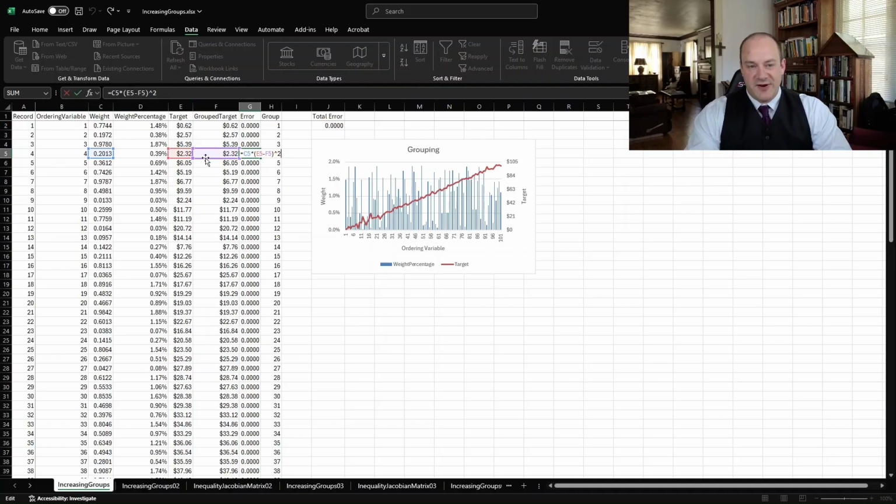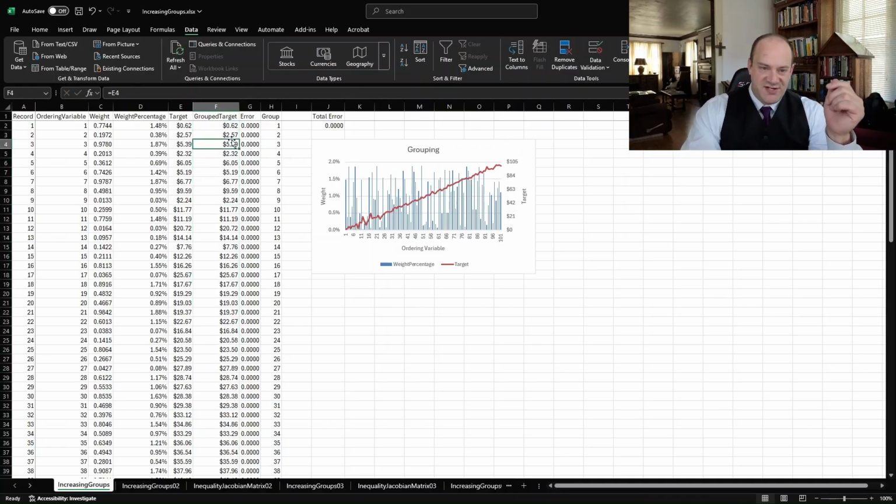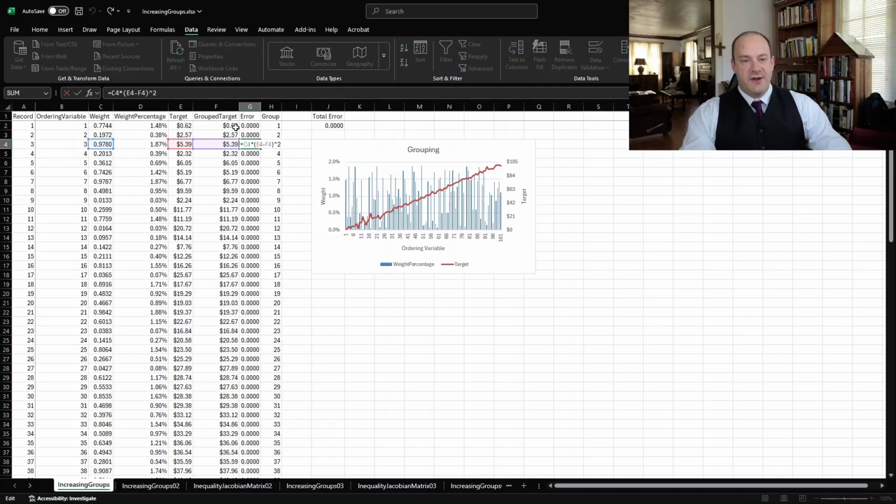And then you're comparing that with what we refer to as the group target. So column F here is what's going to change. What we want to do is make column F such that it's increasing. But of course, when we change values in column F away from values in column E, then the error here is going to be non-zero, right? But we want to keep that error as small as possible.